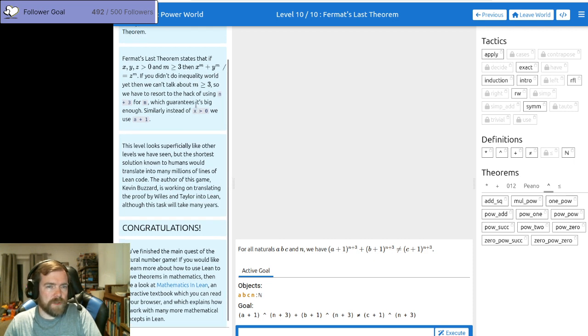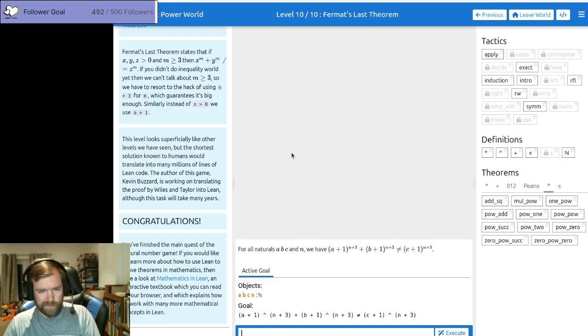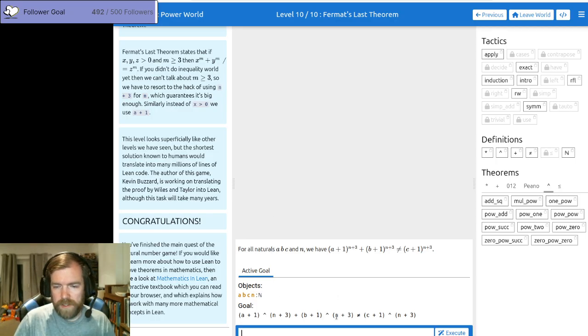If you didn't do inequality world yet, then we can't talk about m greater than or equal to 3, so we resort to using the hack of n plus 3 is just m, which guarantees that it's big enough. Similarly, instead of x greater than 0, we just use a plus 1.